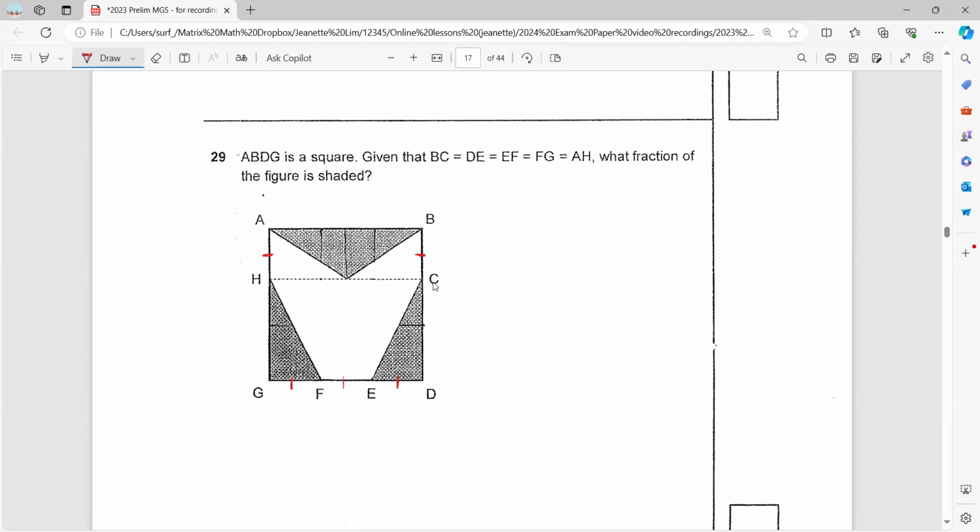Now, if you want to find what fraction is shaded, let's find the whole figure first. So let's say the whole thing here is 3 units, because here it can be split into 3 units. And since this is a square, the other side is also 3 units. This is 1 unit.